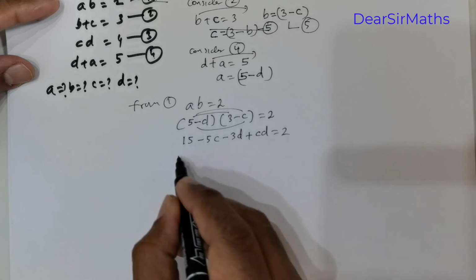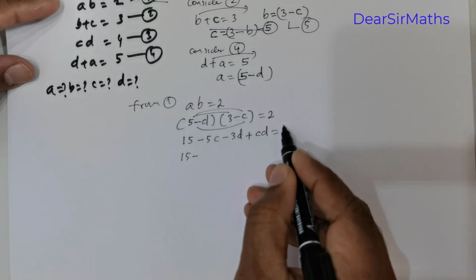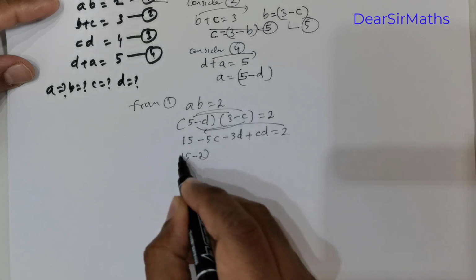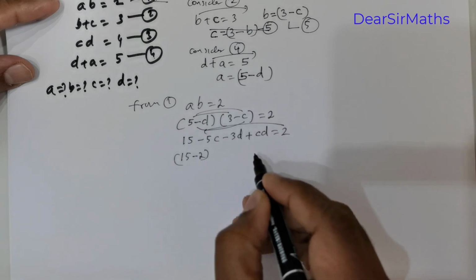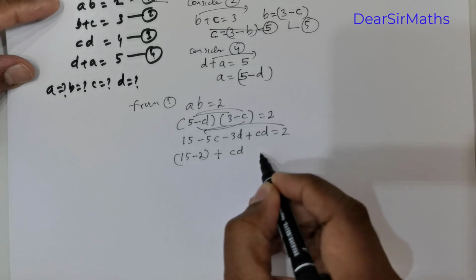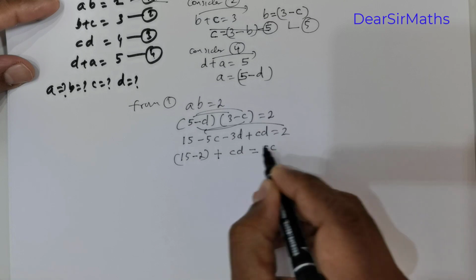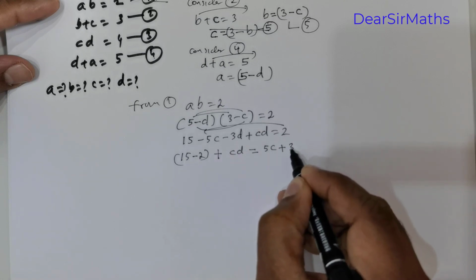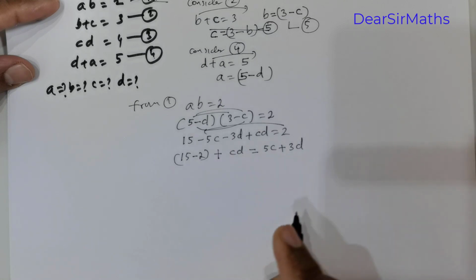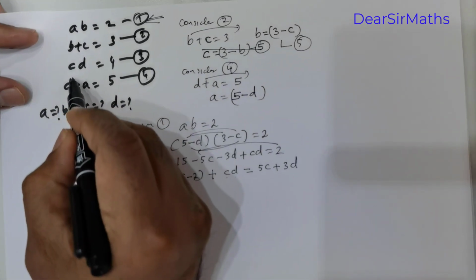Now for C and D, let me rewrite it like this. Let me push this 2 to the other end, so it's going to be 15 - 2, and I will have C and D here, and I will move 5C to the other end followed by 3D. So let the system be on the right side. But CD, what is the value for CD?